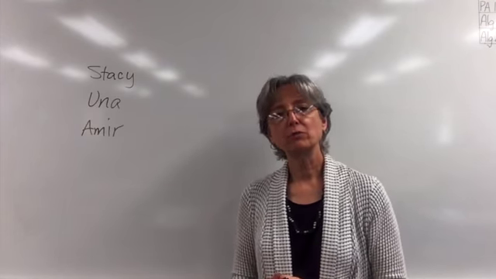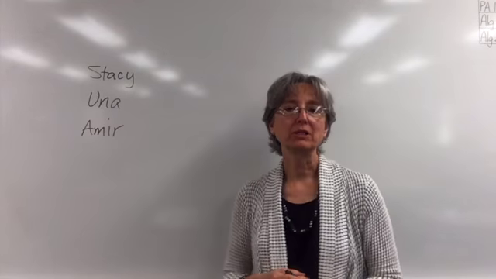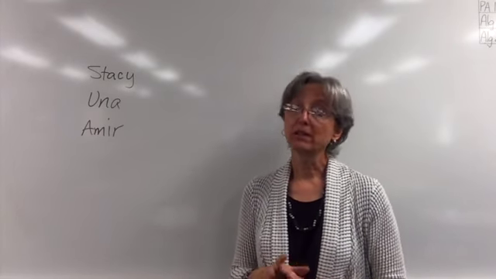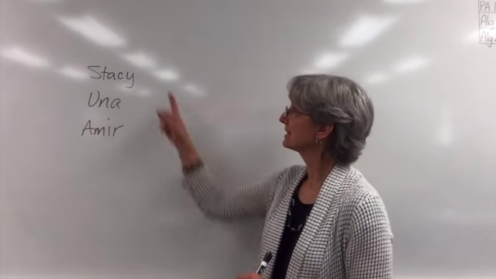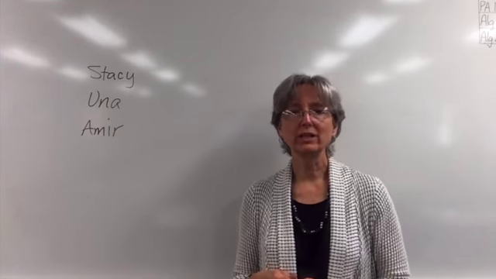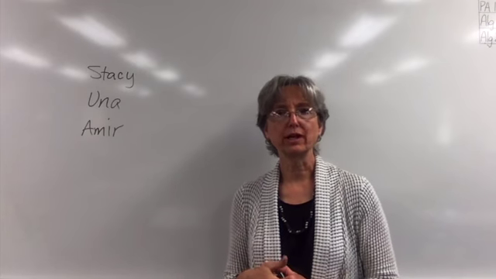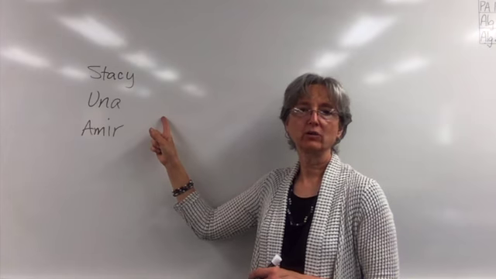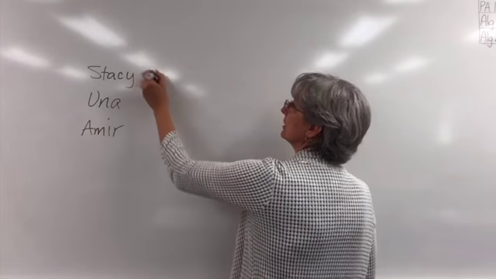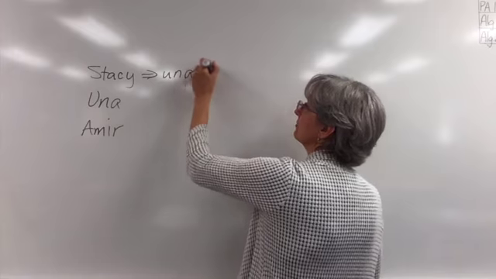In this word problem, we're told that Stacy, Una, and Amir all have the same birthday, but they weren't born the same year. Stacy is 1 year younger than Una, so she is Una minus 1.